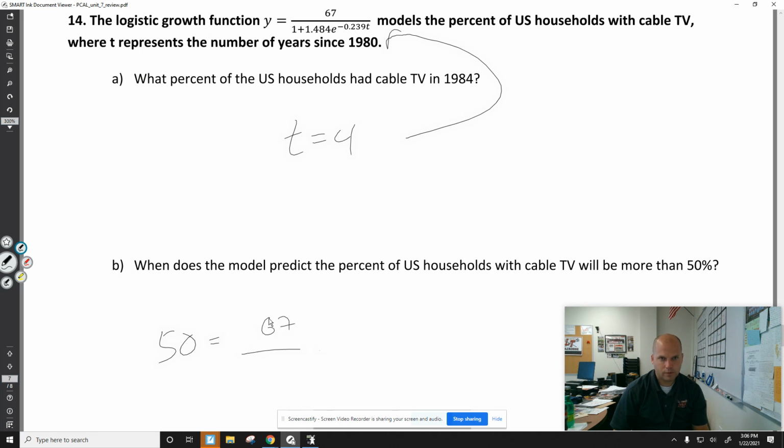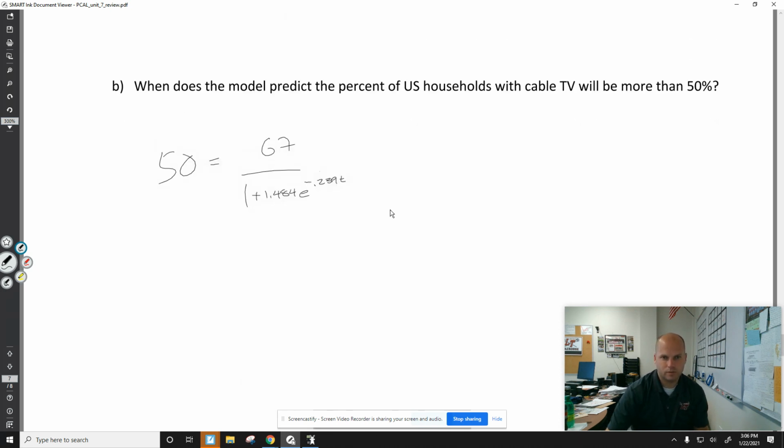All right, how do we solve this equation? I'm going to bring everything up to the top, so multiply both sides by the denominator over there. Get rid of the 50.